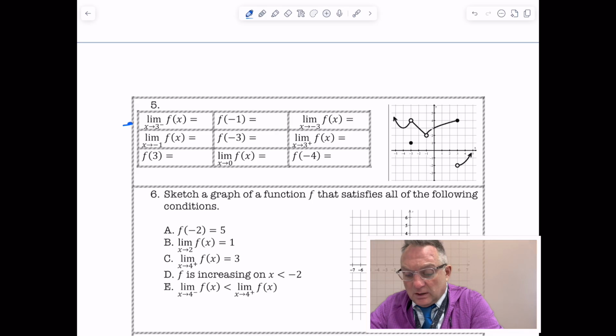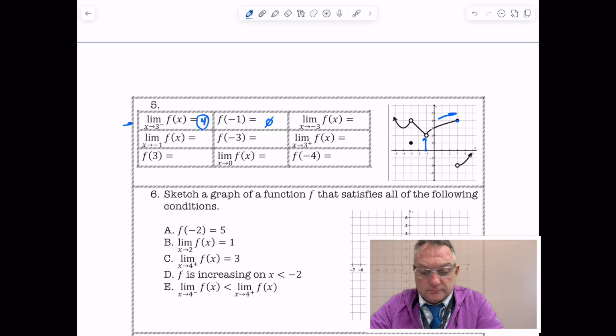That's approaching this, which is 4. F of -1 is, that's an open circle, so it's undefined. The limit when we approach -3. Here's my -3. It's not what the function value is.